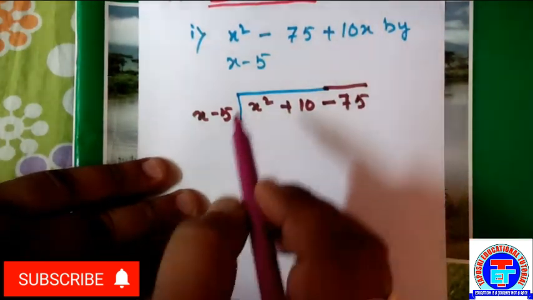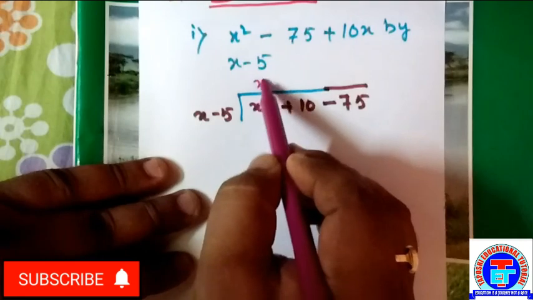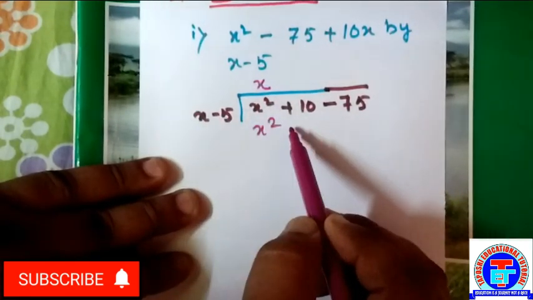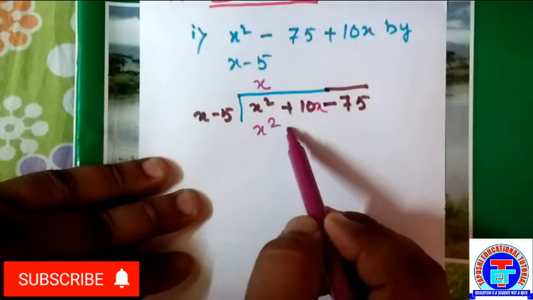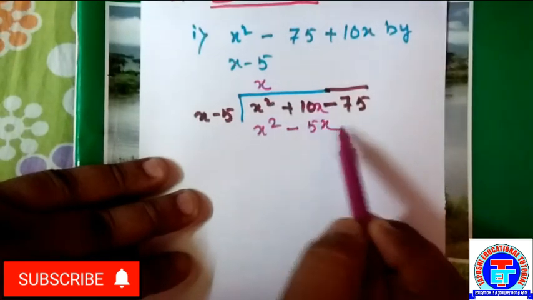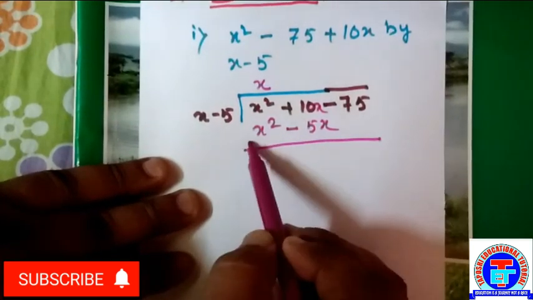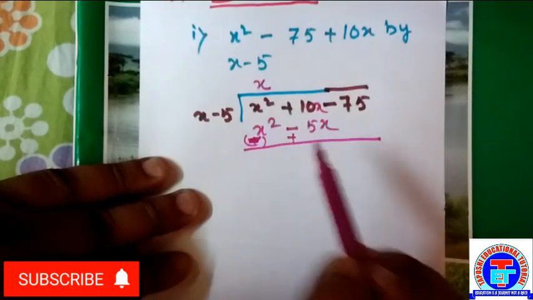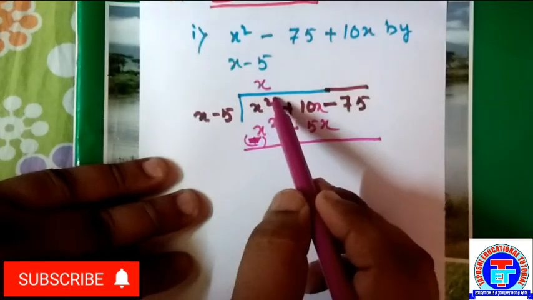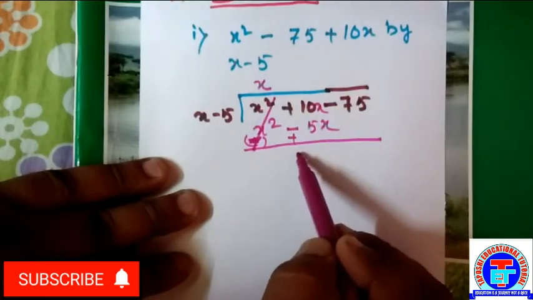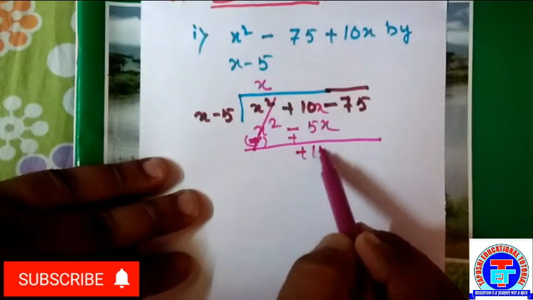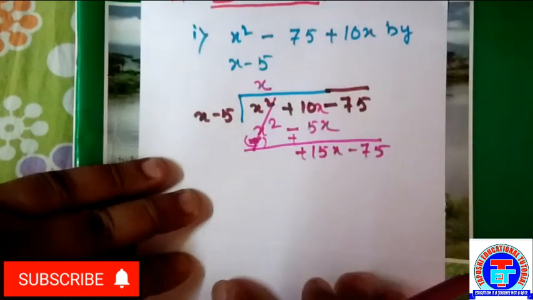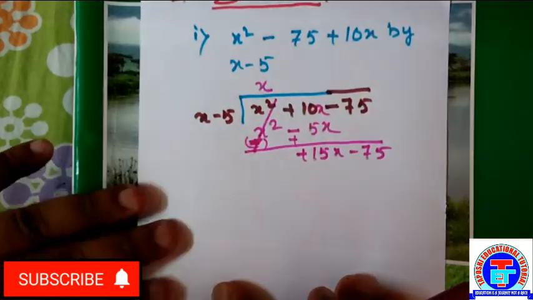First we take x, multiply with x, so this one is x square and this one is minus 5x. Now the signs change: minus and plus cancel, and it will become plus 15x minus 75, right?